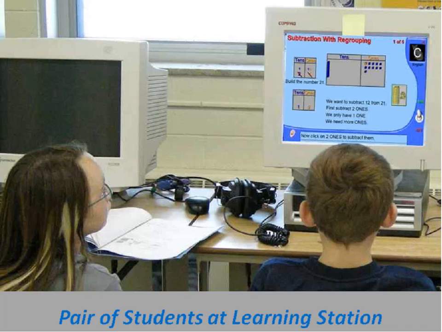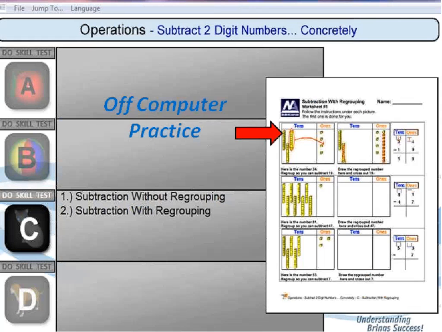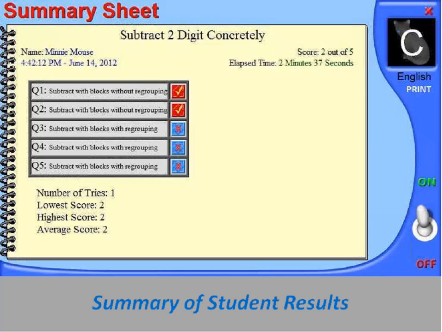In addition, support sheets with off-computer practice problems are available for every lesson. Skills tests may also be used to assess student understanding and to track student progress. Skills tests are available for every set of lessons within Understanding Numeration as well.